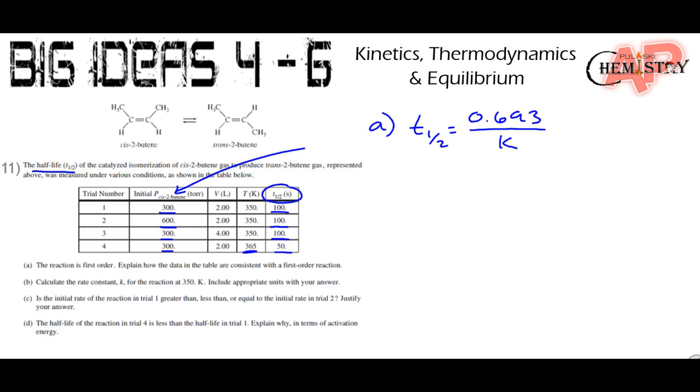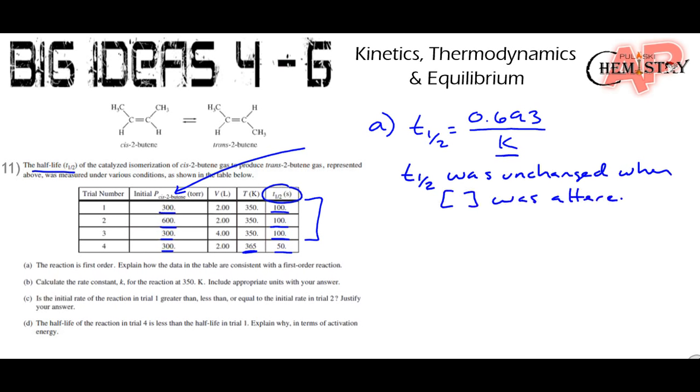Oh, why did it go down? Well, temperature changed. Temperature can alter many things with a reaction, especially half-lives, because that affects the k. So that is why it is independent of concentration, and we change concentrations and the half-lives remain exactly the same. So that is the ultimate guide: the half-life was unchanged when concentration was altered.